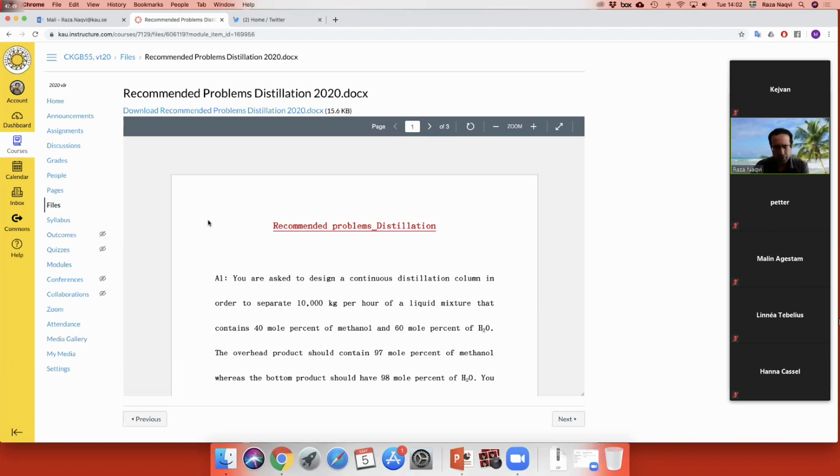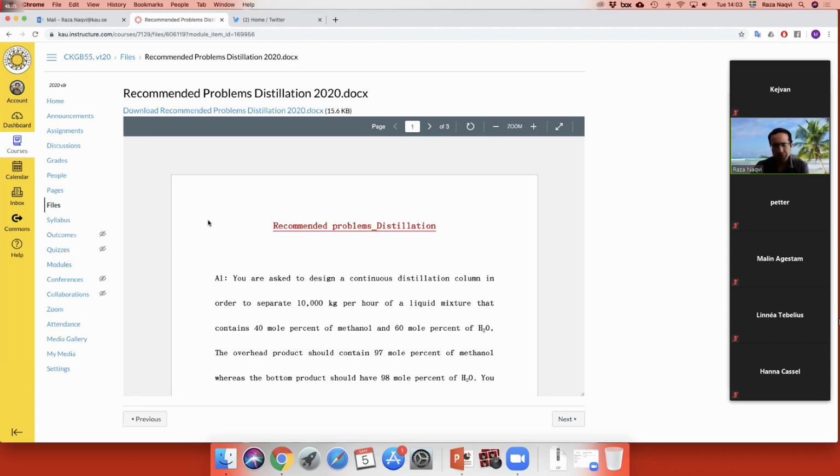You just have to remember how to perform the McCabe-Thiele method. And it is very important that you go through the text in the book about distillation, to understand why reflux ratio is important.